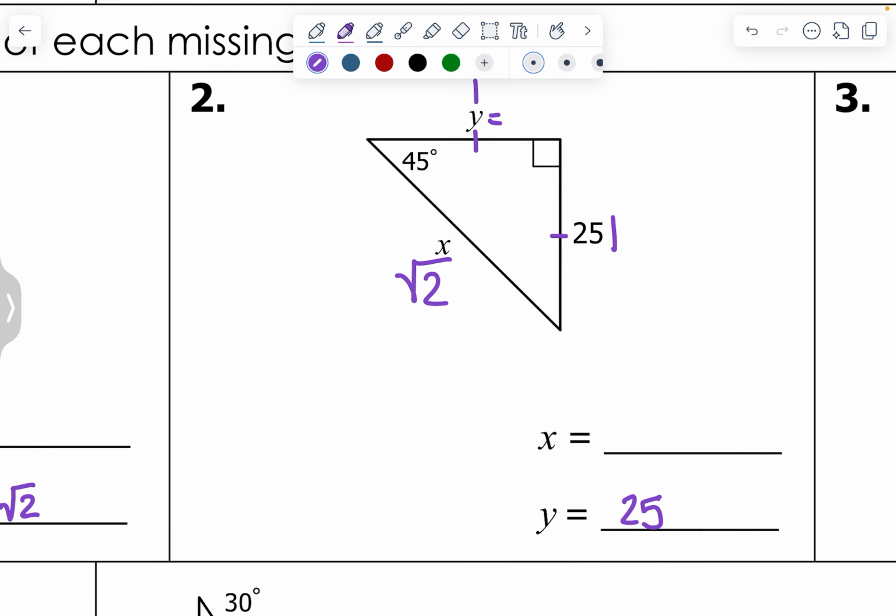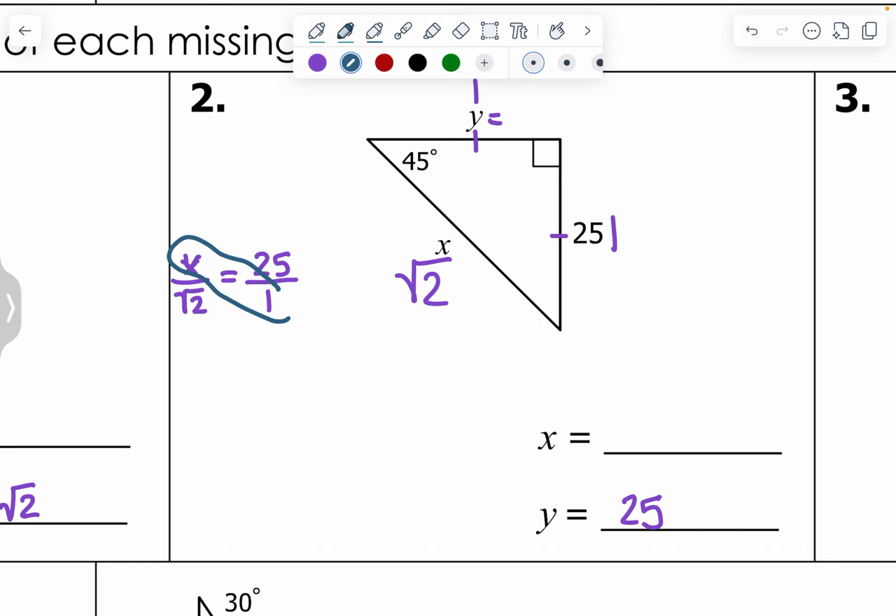Let's solve for x. So again, how do we use our rules? It's missing side over rule equals given side over rule. So our missing side, we set up a proportion, is x over the rule is radical 2 equals our given side, which is 25, over the rule is 1.